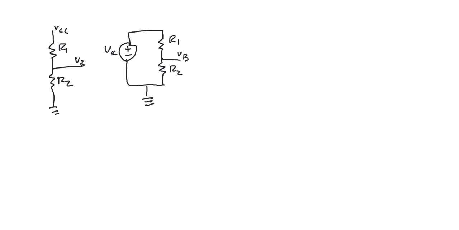VCC, R1, R2 to VB, but I could redraw it like this, and you should be familiar with that. It should feel comfortable, like a homey kind of place for you. And remember what we're trying to do. The first step to solve the resistance is we open up that voltage source to find the resistance.